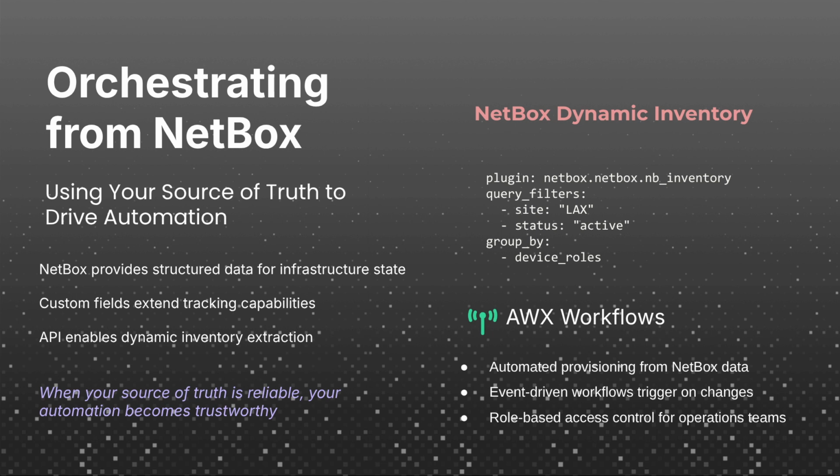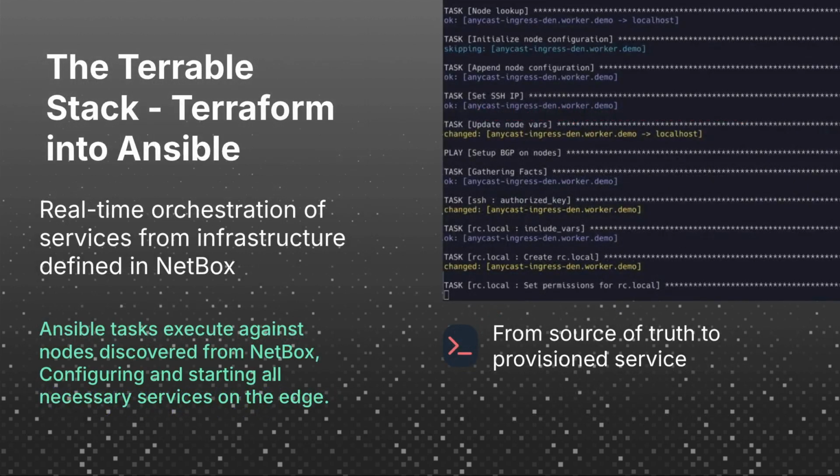And when you load this into AWX, you now have another orchestration loop system that takes the configurations and the values of your infrastructure from Netbox and loads it into all of the remote machines around the globe in multiple providers and data centers. And what this is lovingly called is the Terrible Stack.